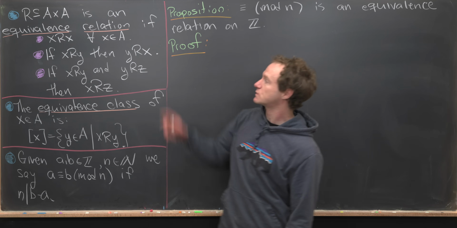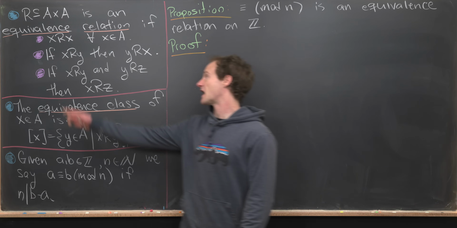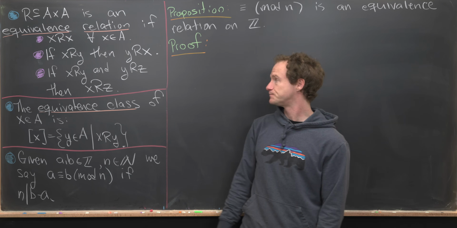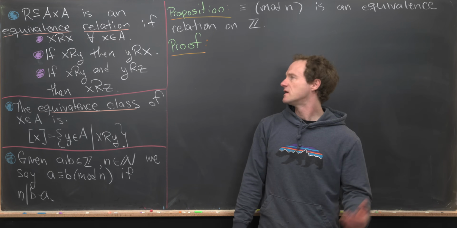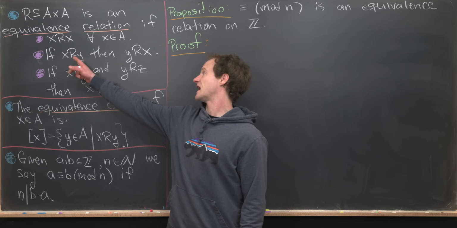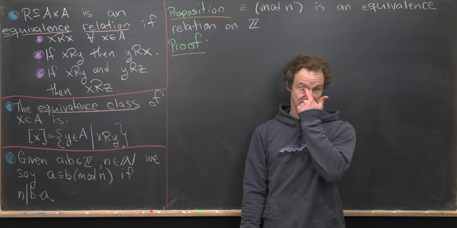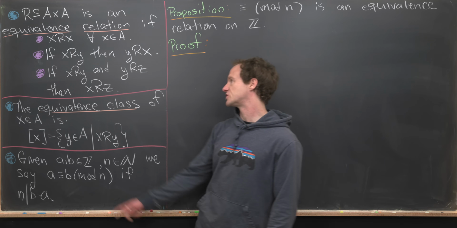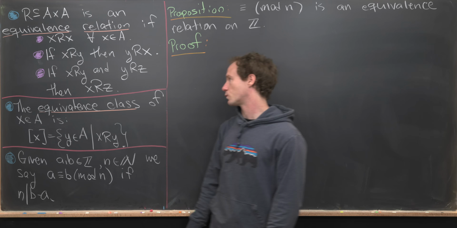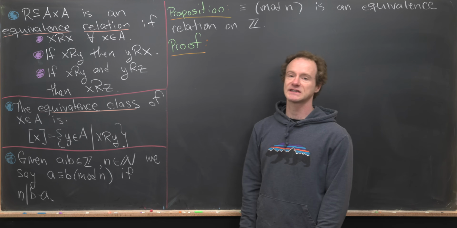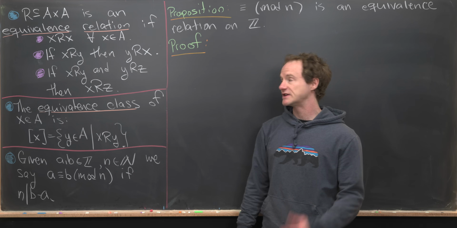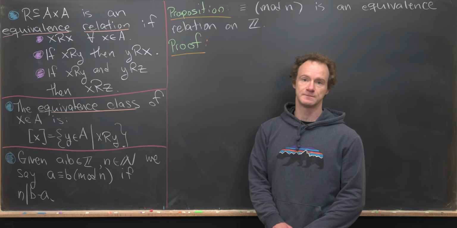So we have this first one, which is called reflexivity, and that is x is related to itself for all x in the set A. Next, we have this thing called symmetry, which says if x is related to y, then y is related to x. And finally, we have this thing called transitivity, which says if x is related to y and y is related to z, then x is related to z. So those three things make a relation into an equivalence relation.